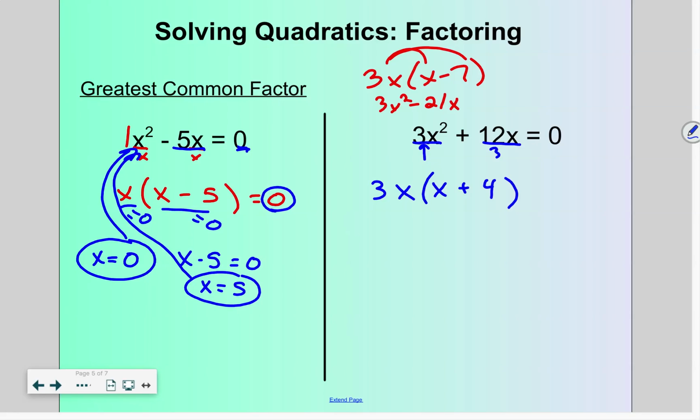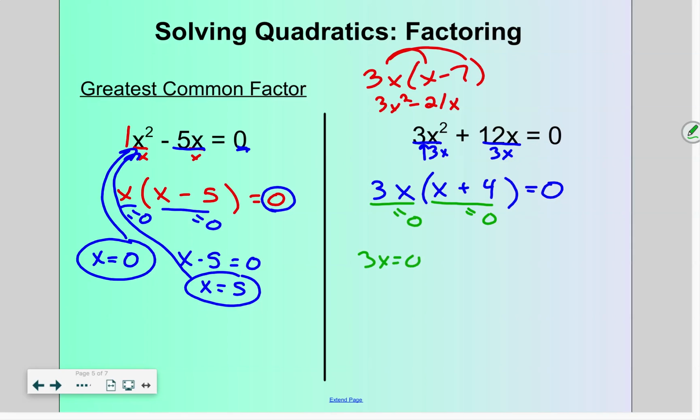So we're dividing each of these terms by 3x. The first one we're left with an x, the second one we're left with a 4. We get 3x times x plus 4 equals 0. So what x values are going to make this equation true? Well, we want to make sure that either the 3x is equal to 0 or the x plus 4 is equal to 0.